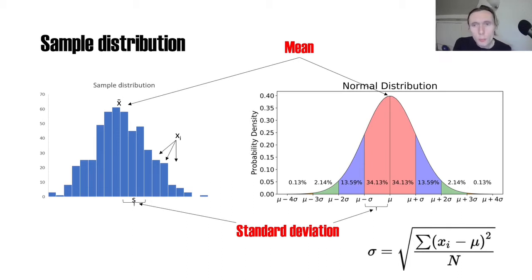Another thing we know about this normal distribution is that if you go a certain step to the right or a certain step to the left, then a certain percentage of observations will fall into that range. And with that we come back to this standard deviation.